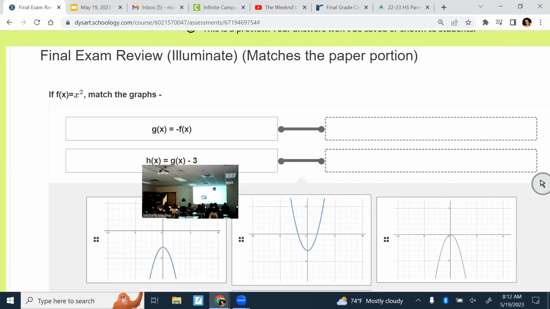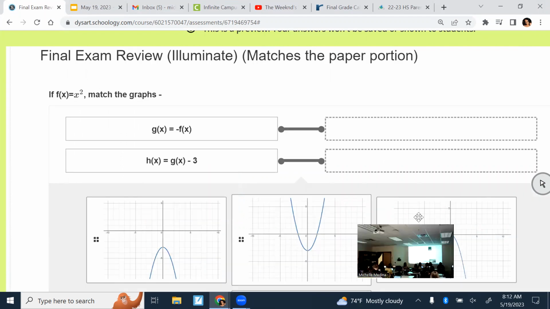All right, so we're matching graphs. So if f of x equals x squared. Oh, okay, so this is like function notation to the max. So if I have g of x is equal to negative f of x, and we know that f of x is x squared, we're gonna make that negative.